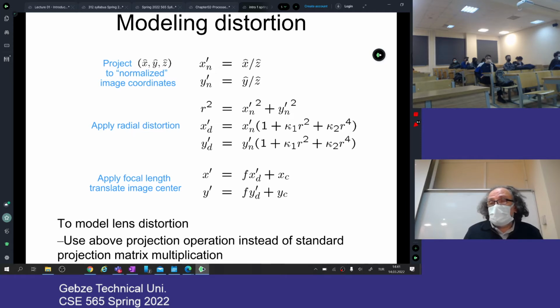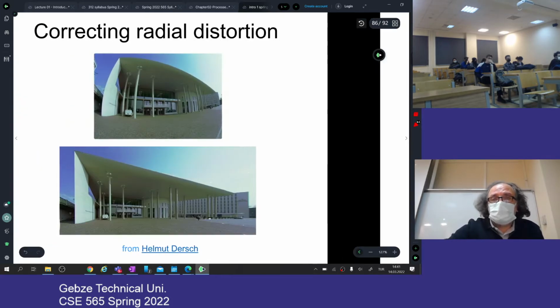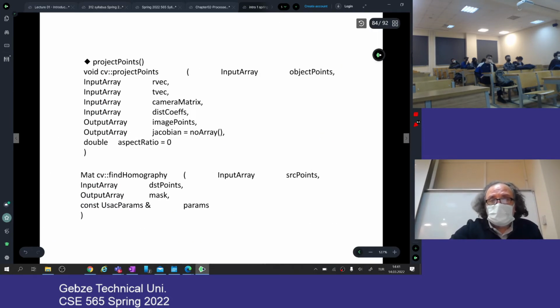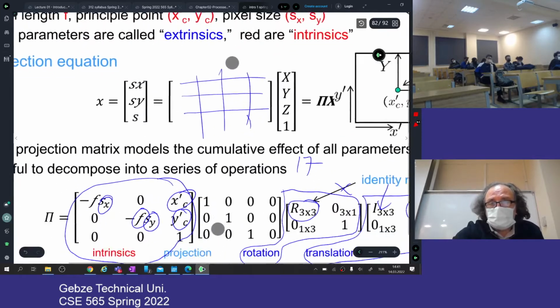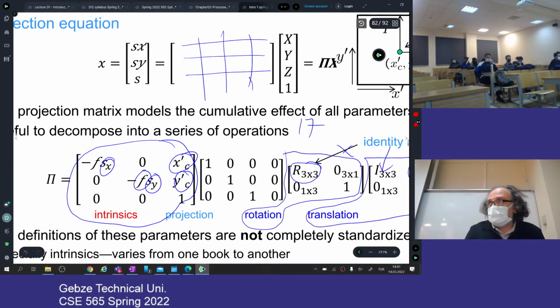They tell you where your camera is in the real world. Intrinsic parameters are the parameters that work with what's going on inside your camera. So your lens distortion, your pixel size, your focal length, center of image, these are all related to the camera. It changes from camera to camera. That's why they are intrinsic.